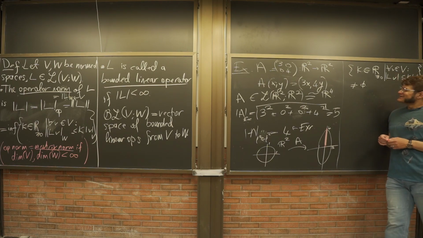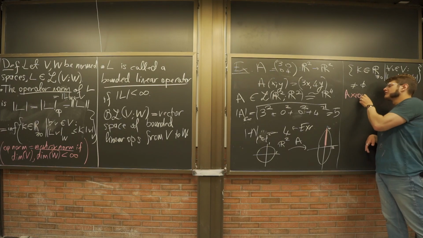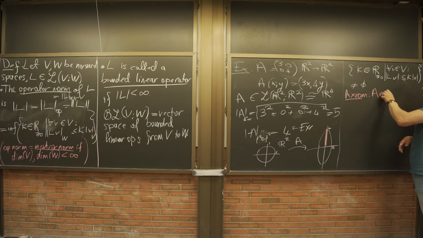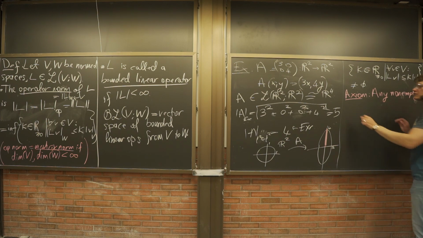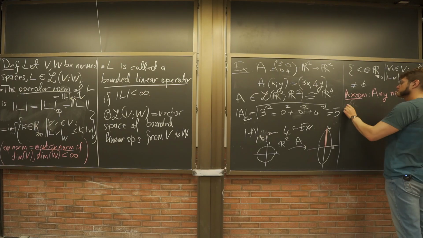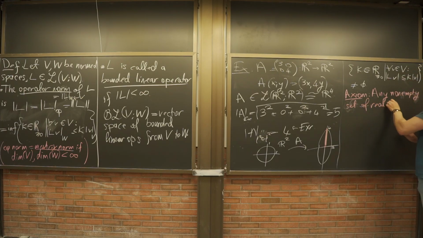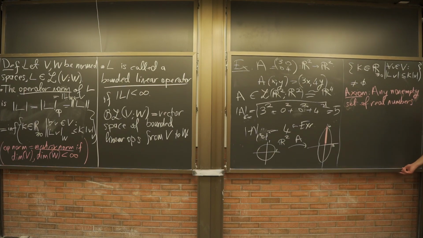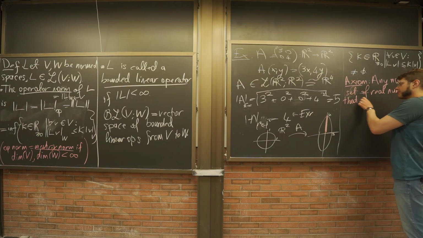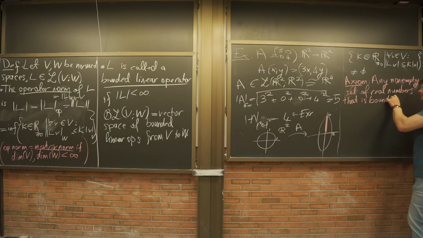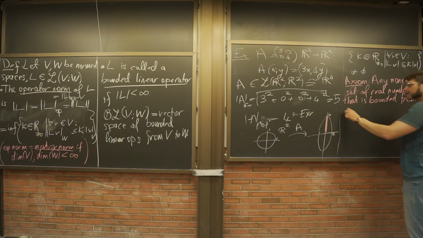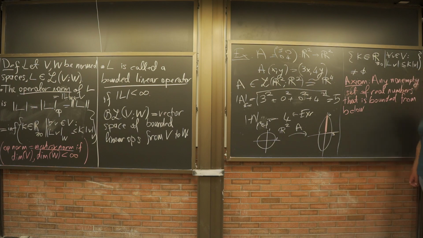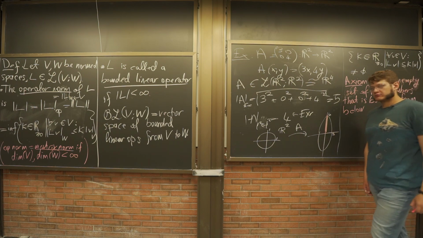I can take it to be both. Any non-empty set of real numbers that is bounded from below has a best lower bound.